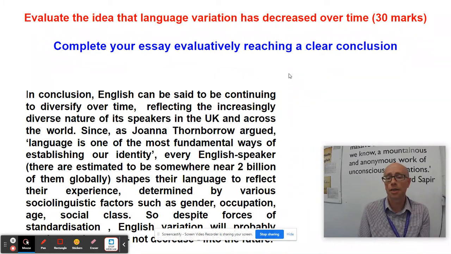So in conclusion, English can be said to be continuing to diversify over time, reflecting the increasingly diverse nature of its speakers in the UK and across the world.